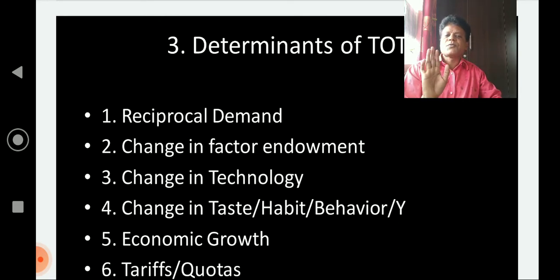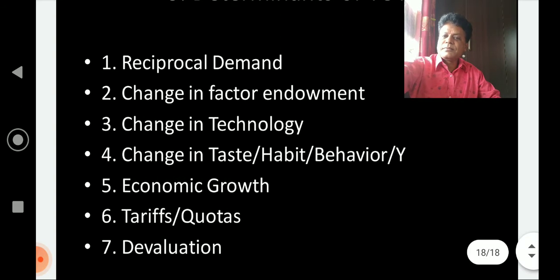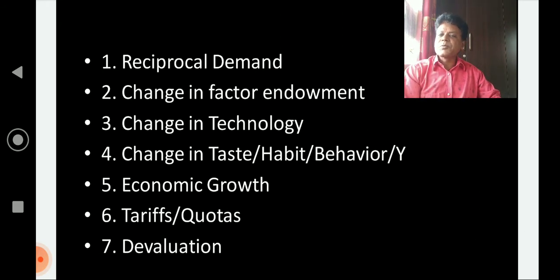There are many factors which influence terms of trade. Some of the important are reciprocal demand, change in factor endowment, change in technology, change in the taste, habit, behavior and income of the consumer, economic growth, tariffs and quotas, devaluation of currency and so on.